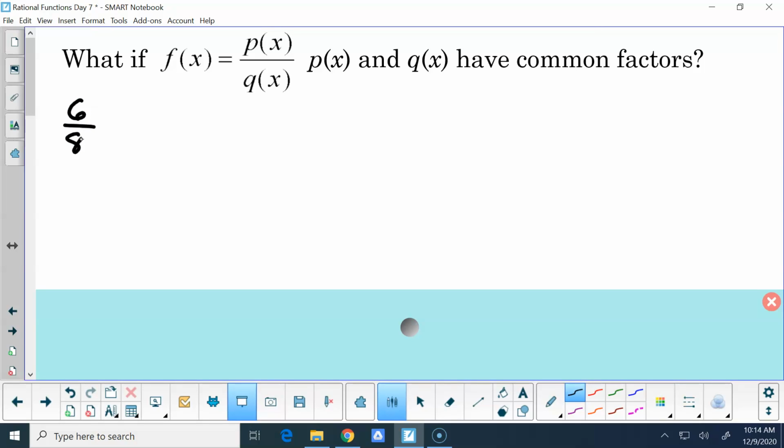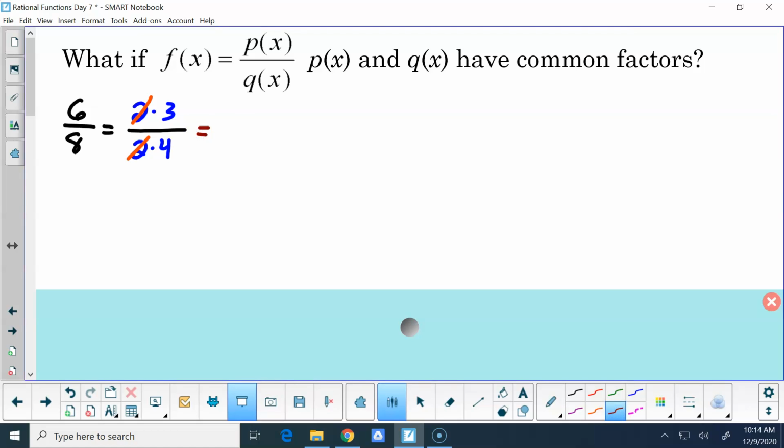No, because they both can be reduced by 2, right? So what I mean by a common factor here is like 6 is 2 times 3, and 8 is 2 times 4. And these 2's are the common factors. And we factor them out, and we're just left with 3/4.